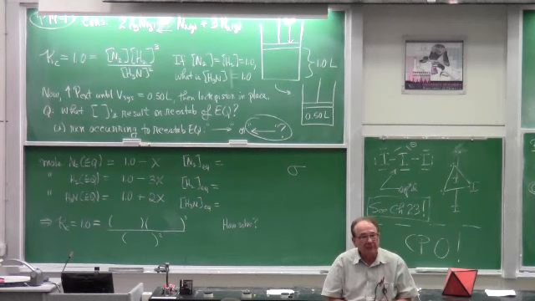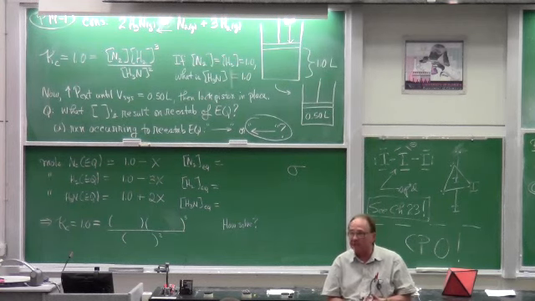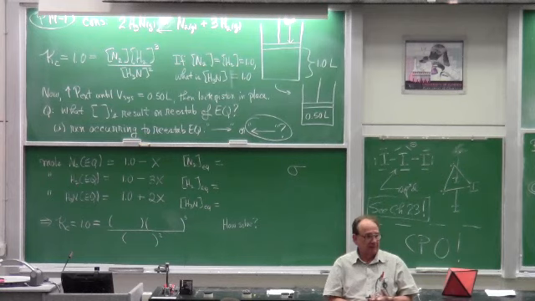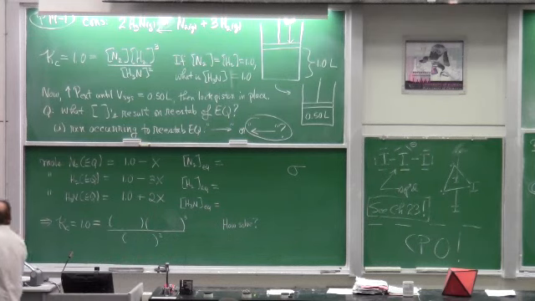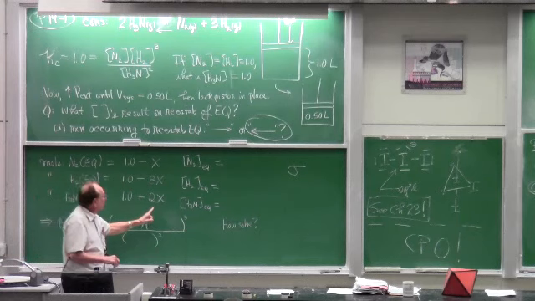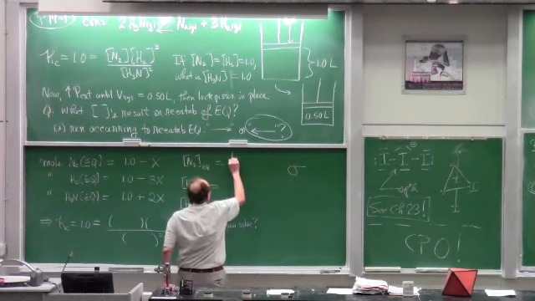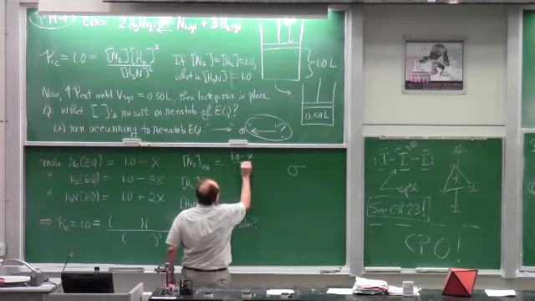Because my equilibrium constant expression is not in terms of mole amounts. It's in terms of concentrations. So I have to convert these mole quantities, written here, to molar concentrations.